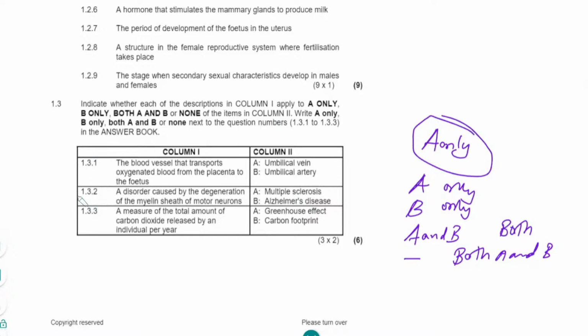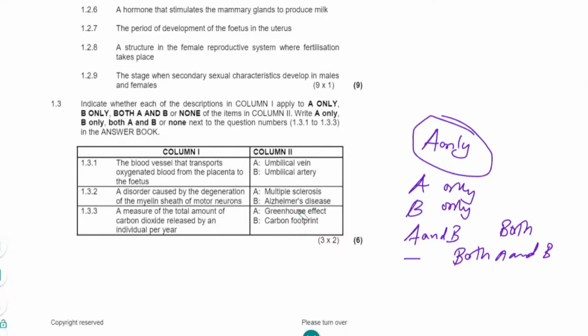Then they're saying 1.3.2, the disorder caused by degeneration of the myelin sheath. Degeneration of the myelin sheath is multiple sclerosis. It means that in multiple sclerosis, the sheath of the motor neuron is shedding off.